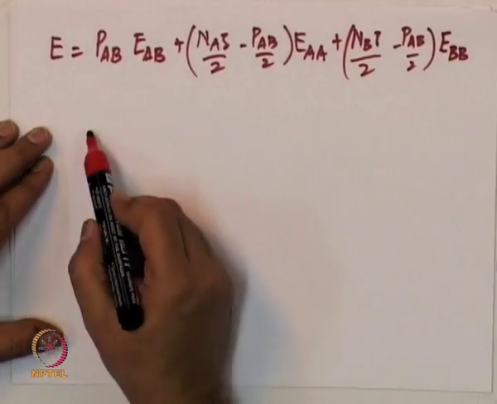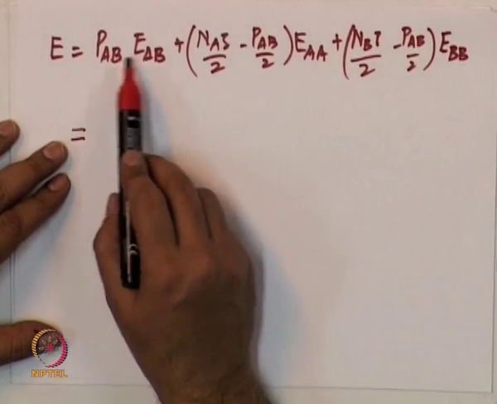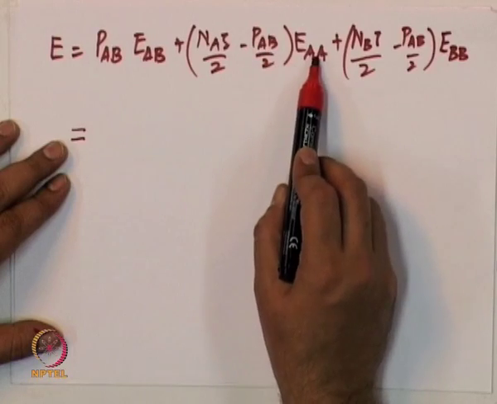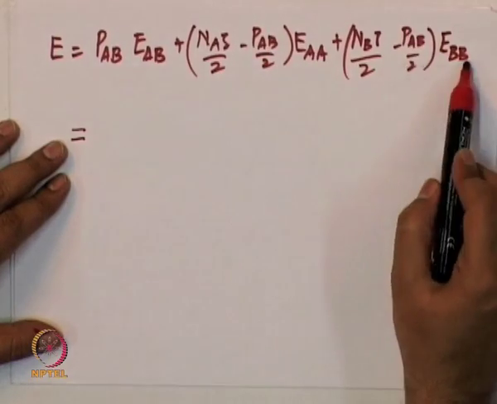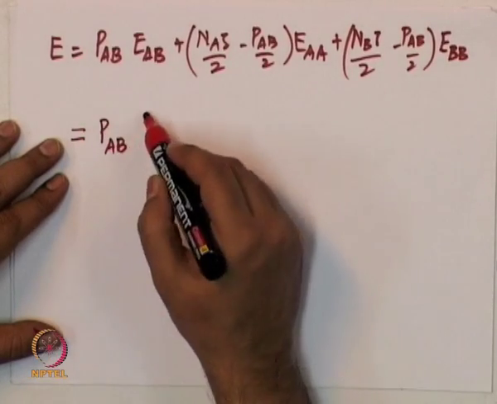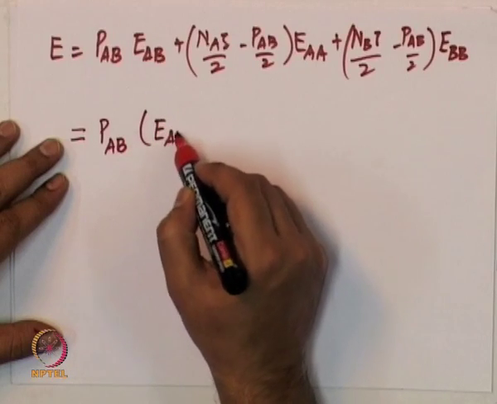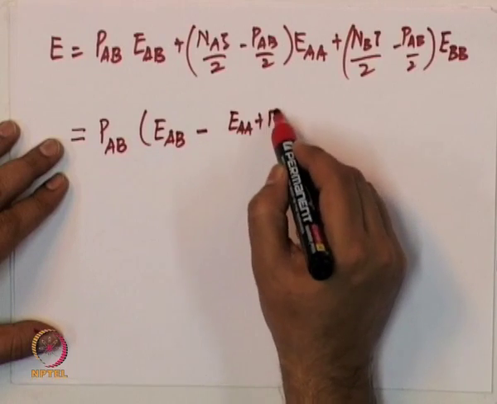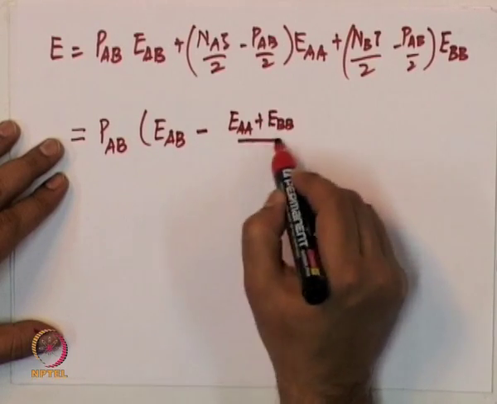So, let us expand, and so we will have PAB EAB and minus PAB by 2 EAA minus PAB by 2 EBB. So, we can write that as PAB into EAB minus EAA plus EBB by 2.